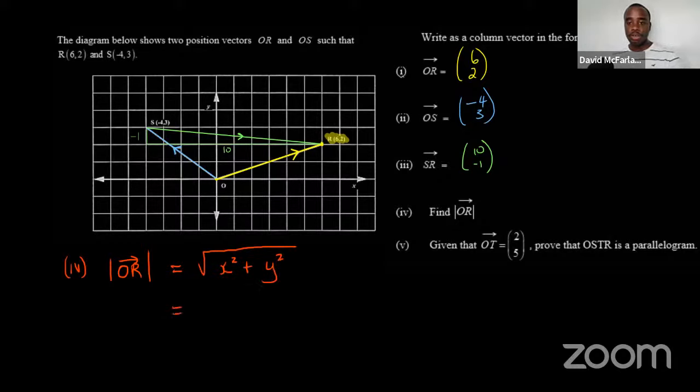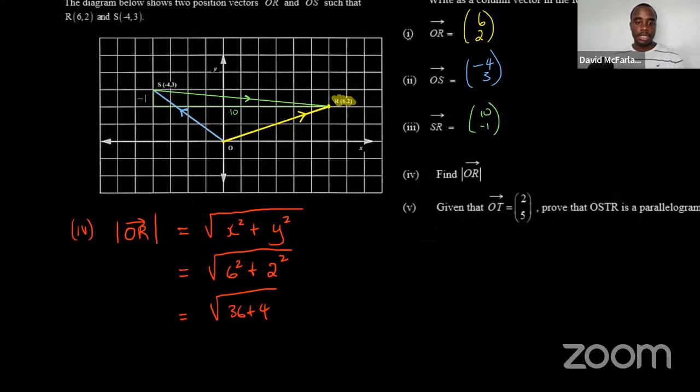So we already know the components of OR, that's 6 and 2. So it's going to be the square root of 6 squared plus 2 squared. 6 squared is 36, 2 squared is 4.